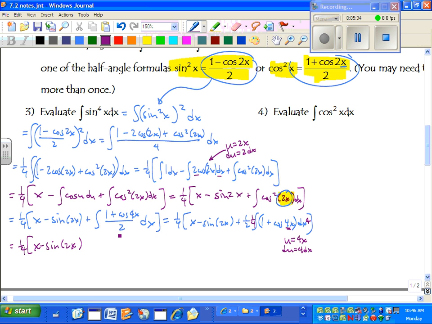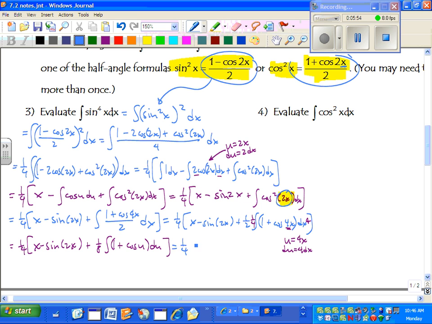So the first part still remains the same. Here we're going to have 1/8 times the antiderivative of 1 plus cosine of u du. We're almost there.